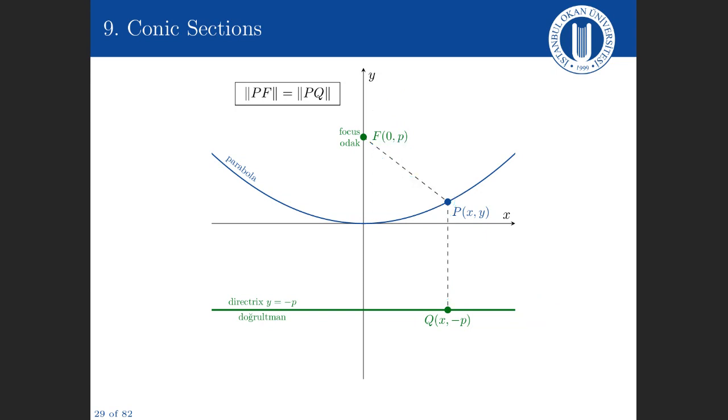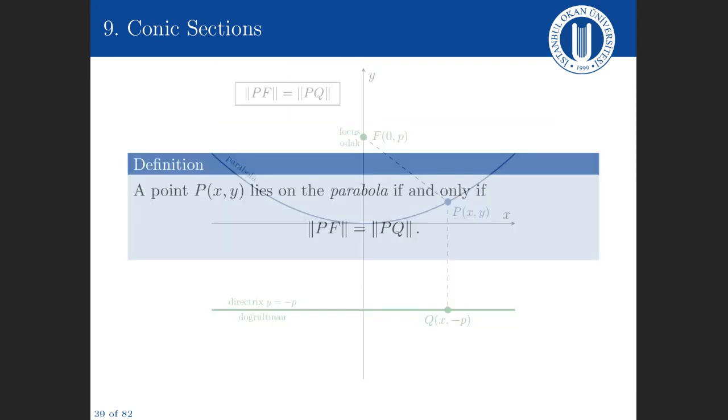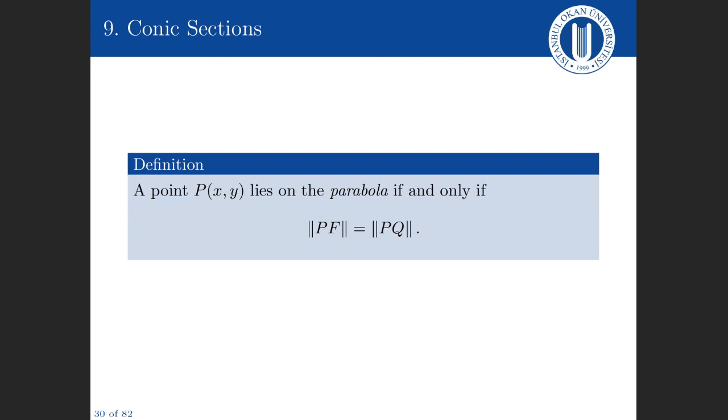The rule for a parabola is that the length of the line PF must be the same as the distance between P and Q. So definition, point P is on a parabola if and only if the distance from P to the focus F is the same as the distance from P to the directrix.